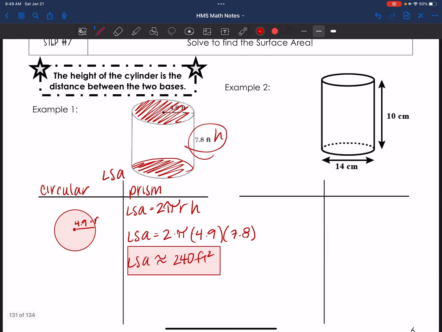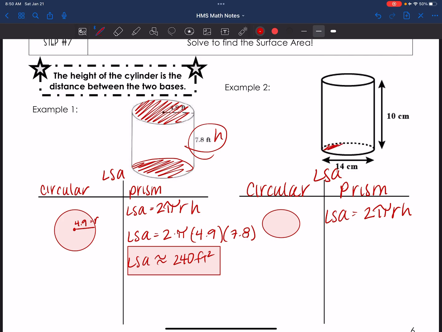Just to go through step by step. So first things first, what are we dealing with? We're dealing with a circular prism, and I want to find the lateral surface area, which comes out to 2 pi RH. Drawing my base shape, shading it in.